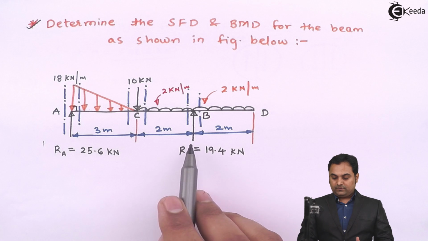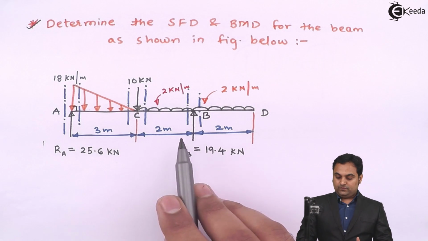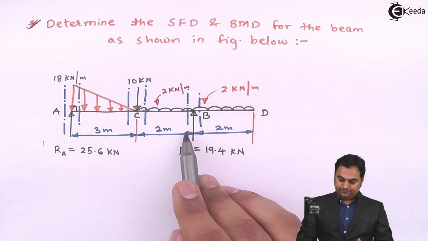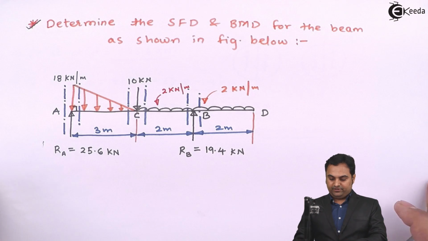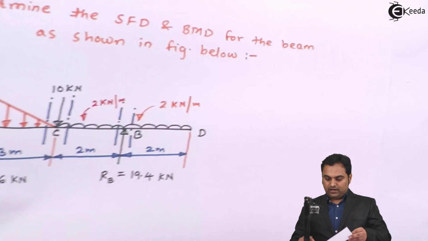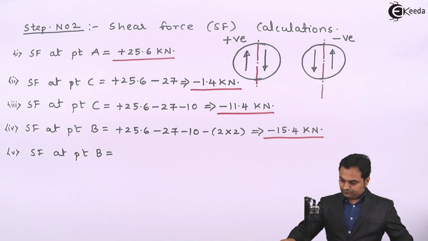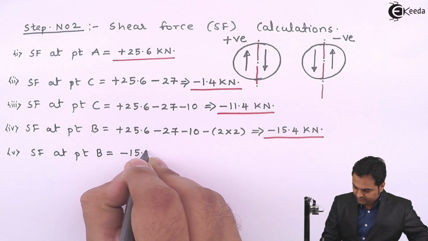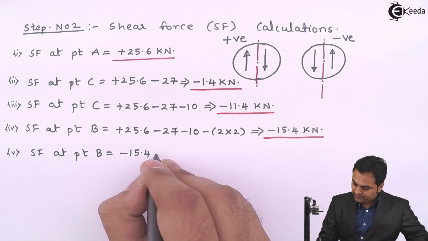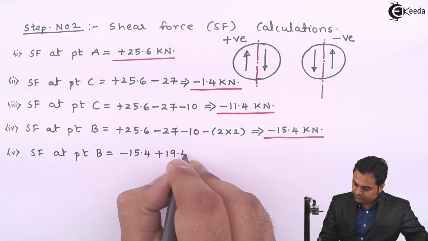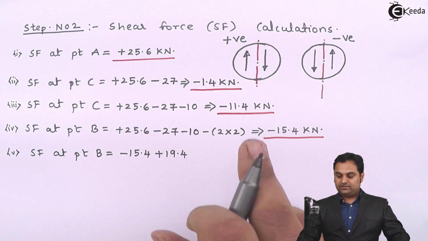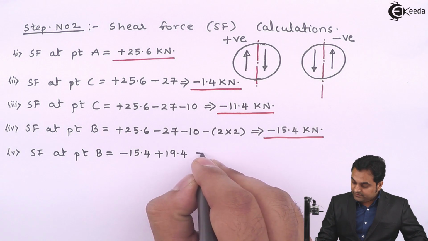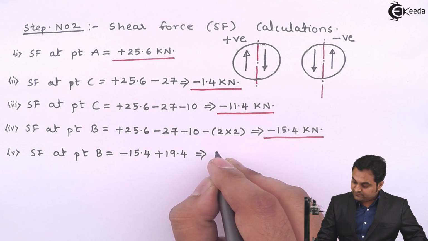Only thing is here even RB is there, so this RB which is to the left of this section acting upward is positive, so up to the left hand side of B I'll have this constant value minus 15.4, then plus 19.4, because to the left of the section RB is acting upward, so positive. That gives me the value as plus 4 kilonewton.